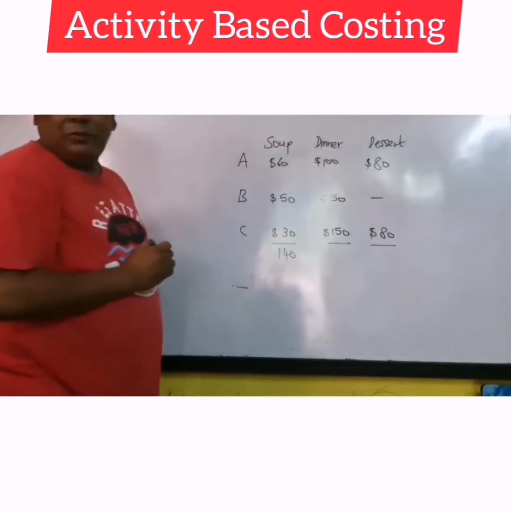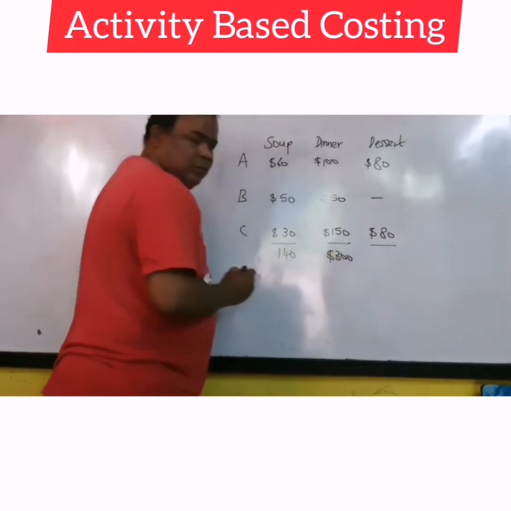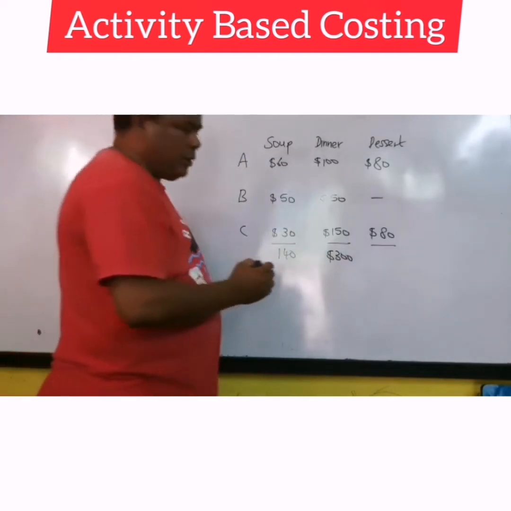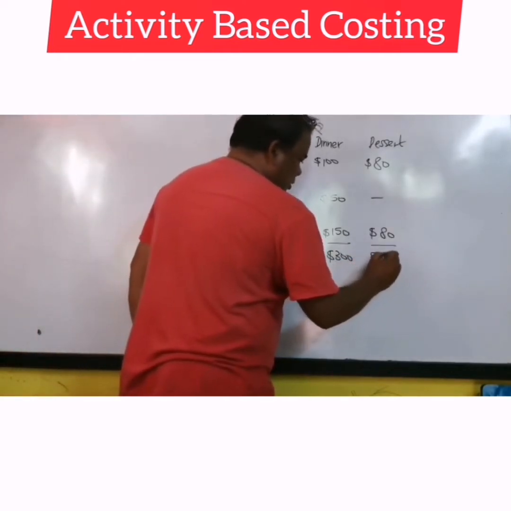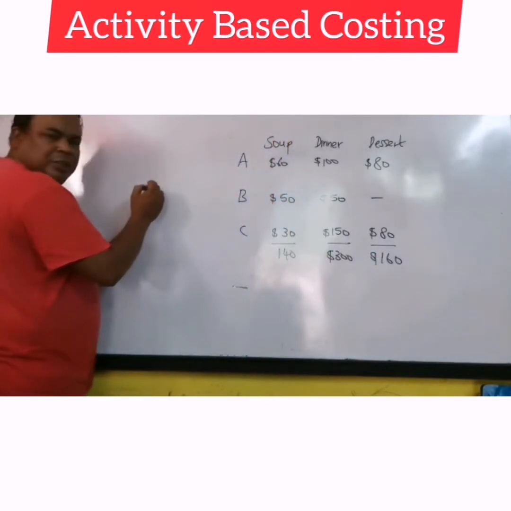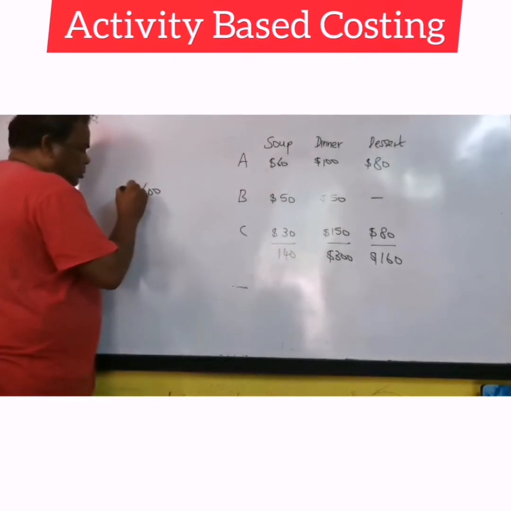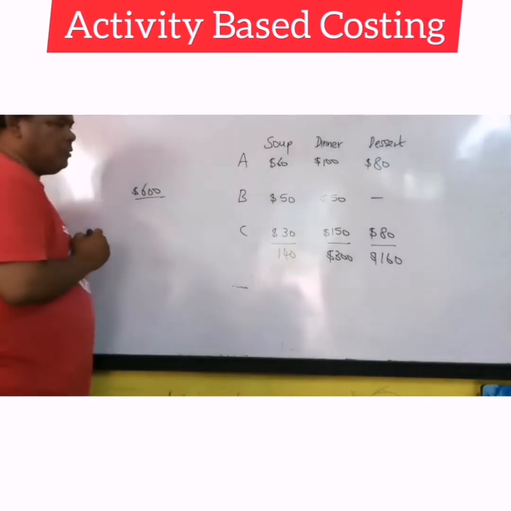For soup 140, and 300 for dinner, and 160 for dessert. So in all they have to pay how much? They have to pay $600. Okay.